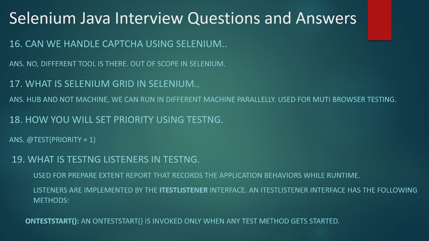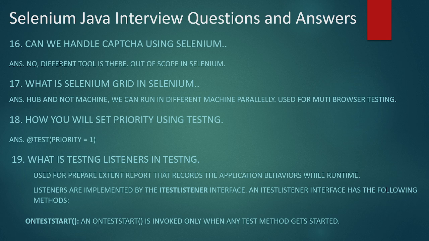The next one is, what is Selenium Grid? In a grid there are two concepts, hub and node. I mistakenly mentioned it wrong here, it's node. The hub is one parent machine, and nodes are the different child machines. In the hub machine you write whatever testing you are going to create.